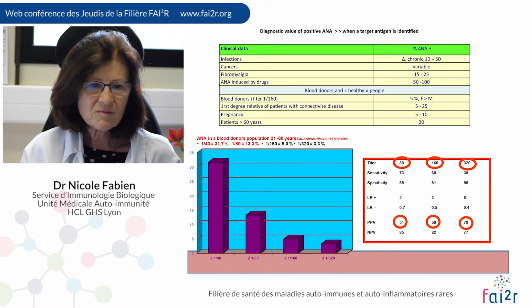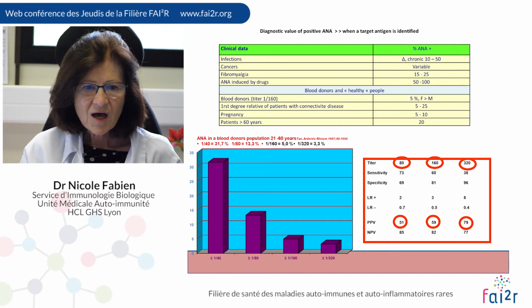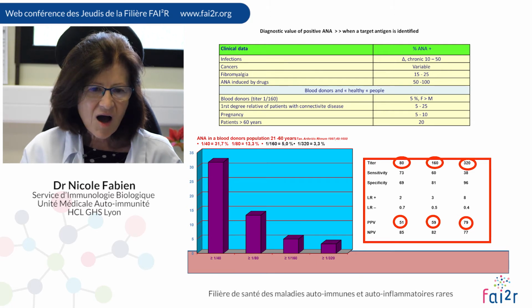Even in blood donors and healthy people, in patients over 60 years, you see 20% of patients could be positive. And what I recommend is a higher dilution of the screening of ANA, because you see that only 5% can be positive against 13% using a low dilution at 1/80.